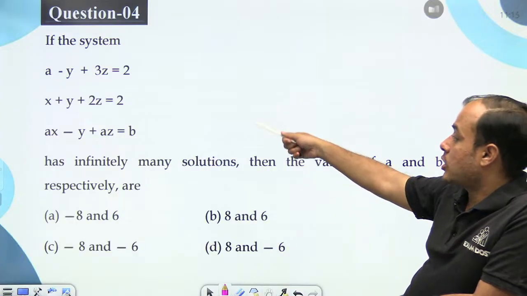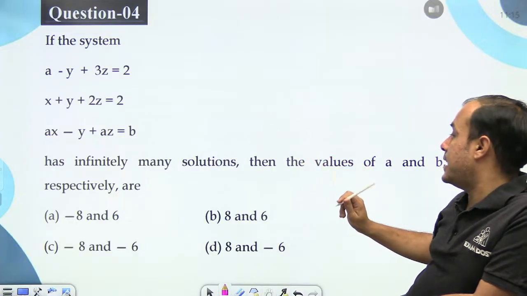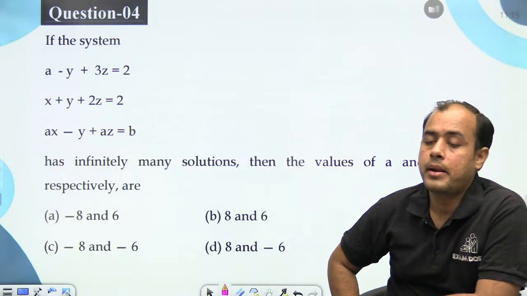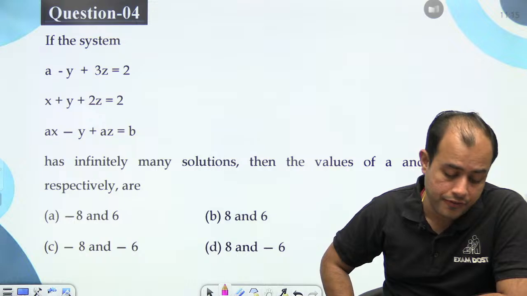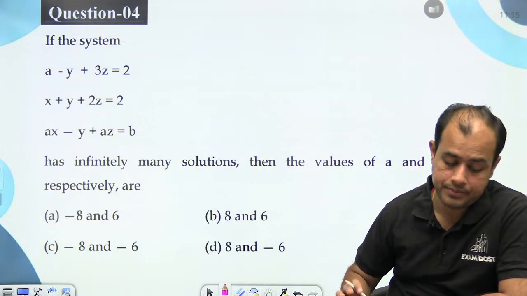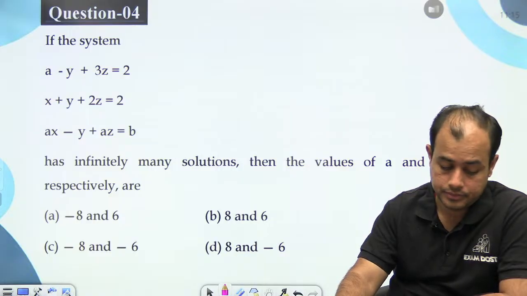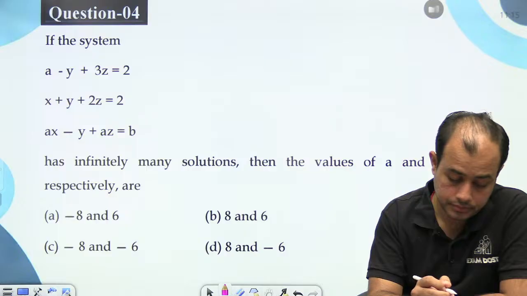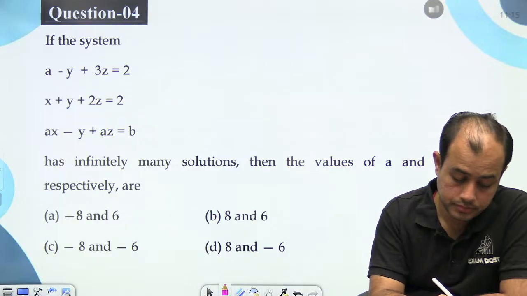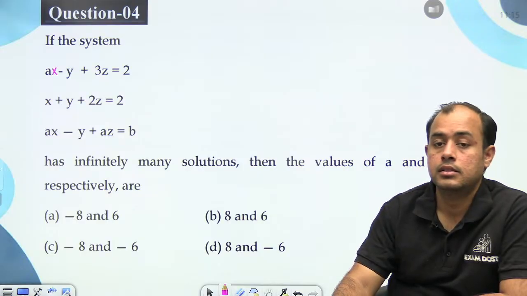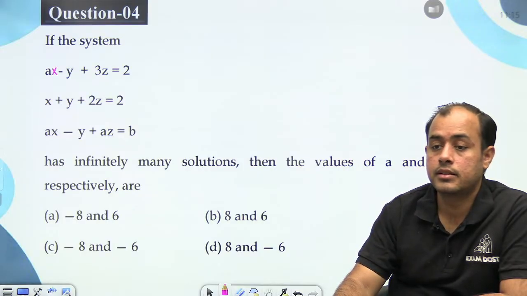Now, this set of equations has infinitely many solutions. If the solutions are infinite, then the values of A and B are... Just a minute, let me verify.